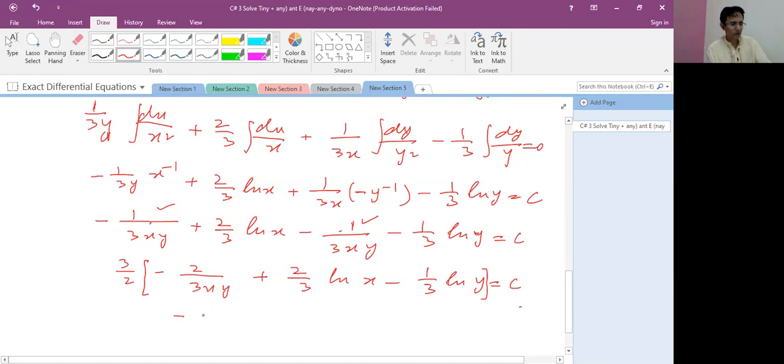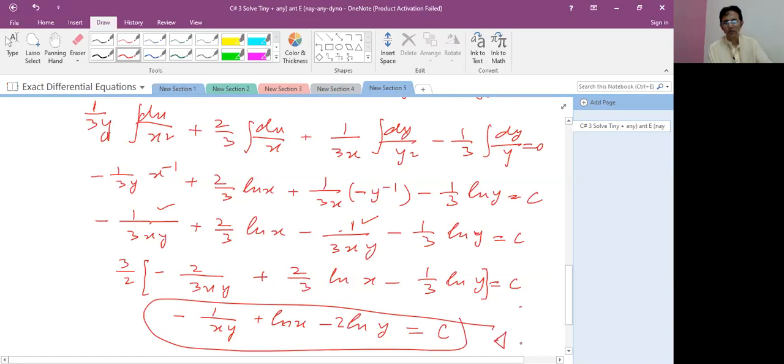So it means minus 1 upon xy plus ln x minus ln y, 2 times of ln x, 2 from 2 cancel, ln y, it means minus 2 equals to c. This is called your solution.